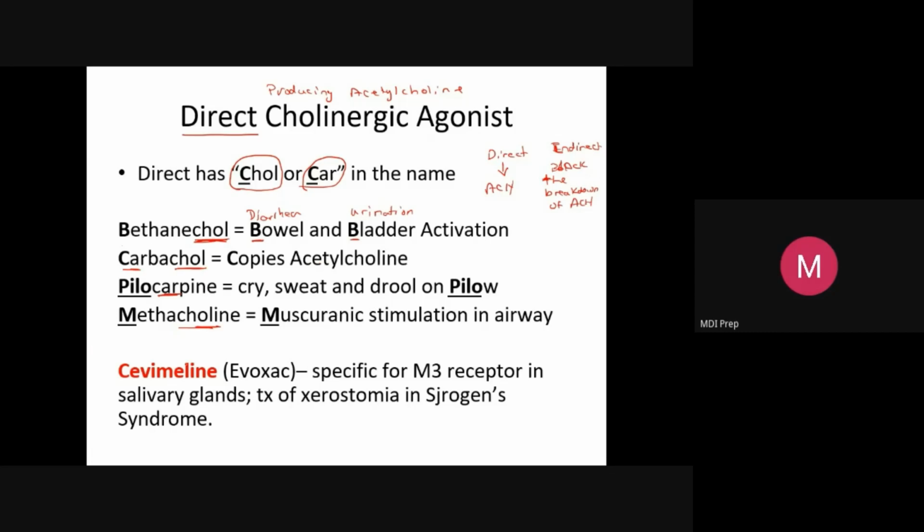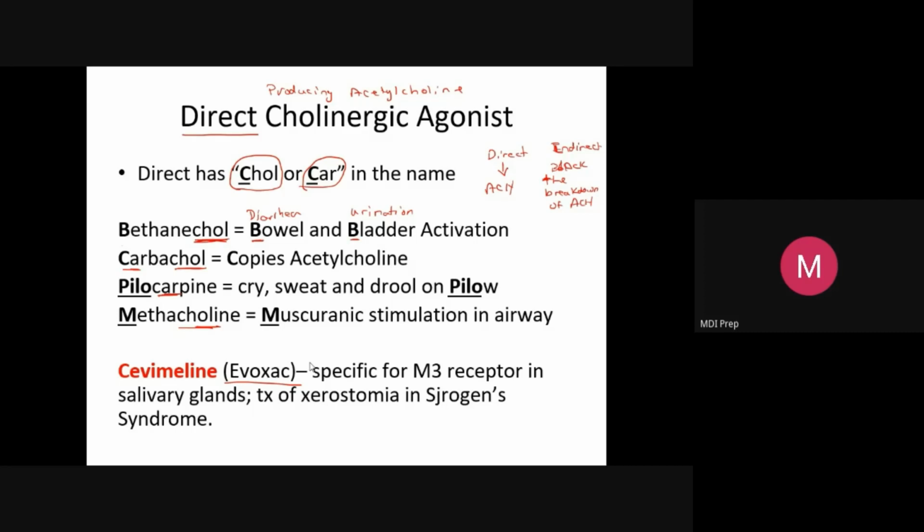Then you have another cholinergic, called Evoxac. See that one down there? Evoxac. Now I know what you're thinking. You might say to yourself, wait a minute, that doesn't have the words chol or car. It doesn't have it in there, does it? So I know what you're saying. You're saying, well, Dr. Sutton, you told me that if I see chol or car, then that's what it is, right?